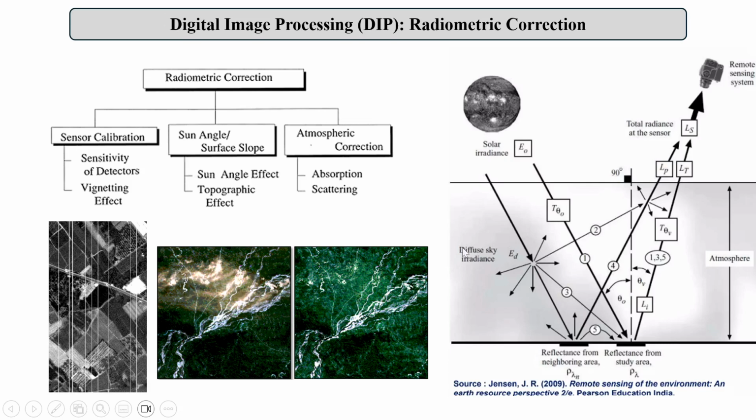These things need to be corrected because they do not contain the properties of the target. They are introduced due to the atmosphere. So these corrections need to be done.